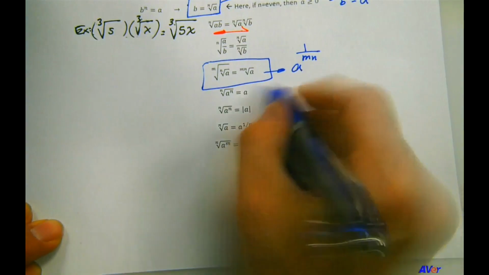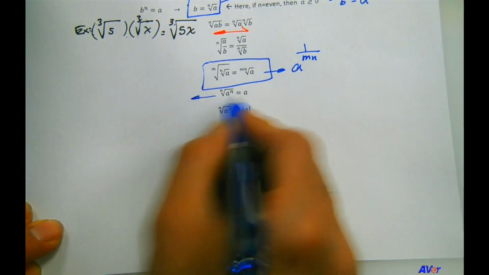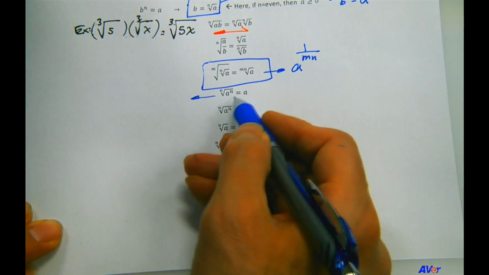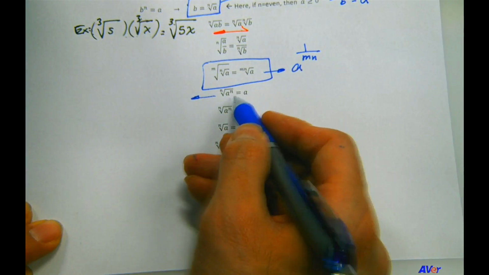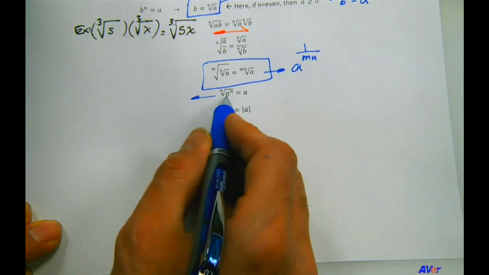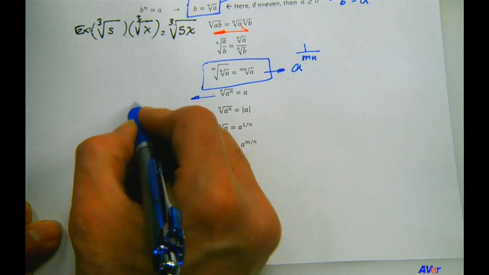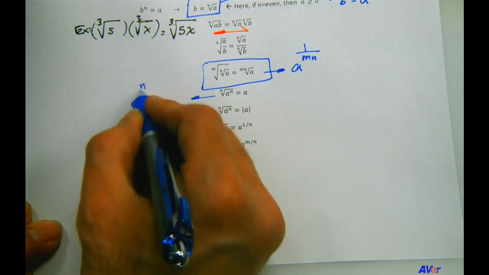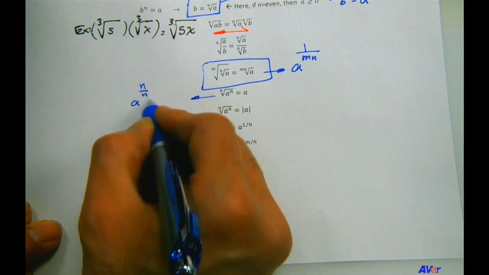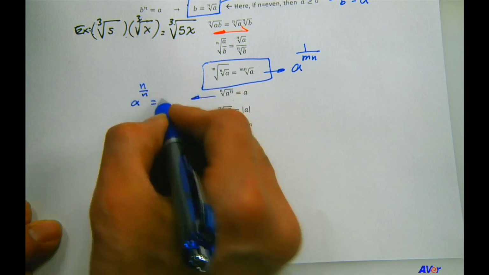This one, then, if you've been following all this, would be an easy property to really understand quickly, right? Because a to the n power, nth root of a to the n, can be written as a to the n over n power. But what is n over n? It's 1.